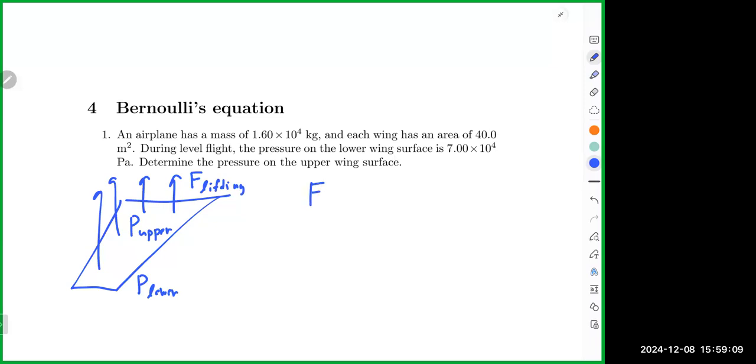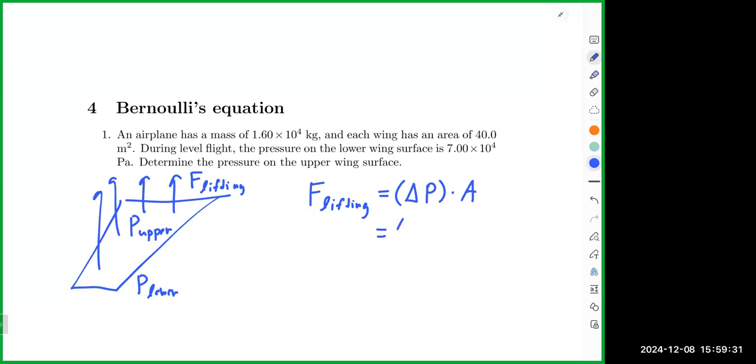the force lifting must be the pressure difference times area, right?